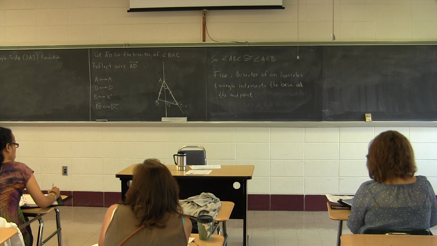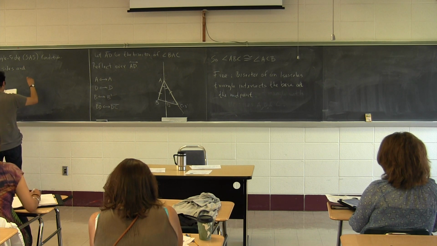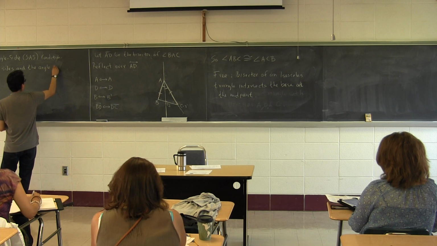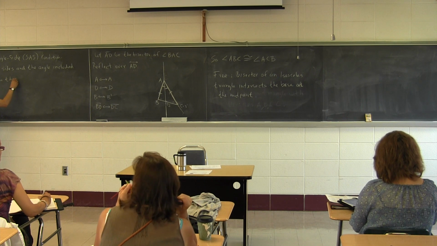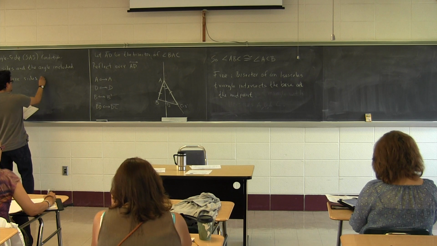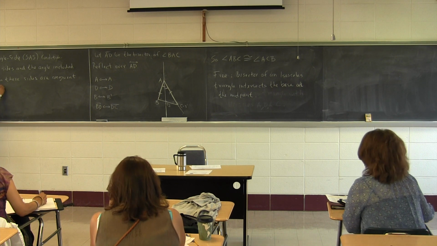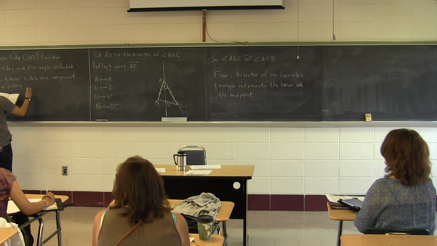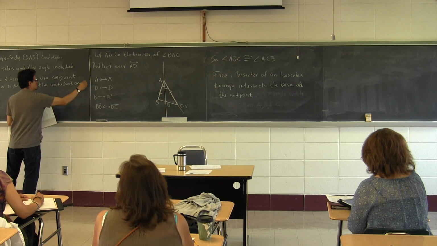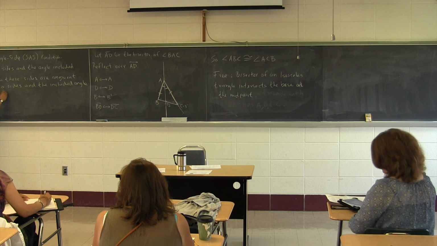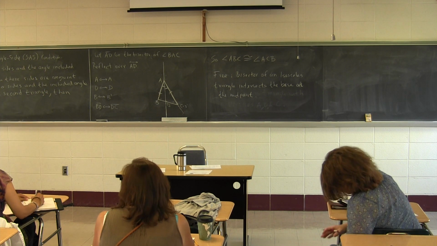So the condition says the following. If two sides and the angle included between these sides are congruent to two sides and the included angle of a second triangle, then these triangles must be congruent, or are congruent.